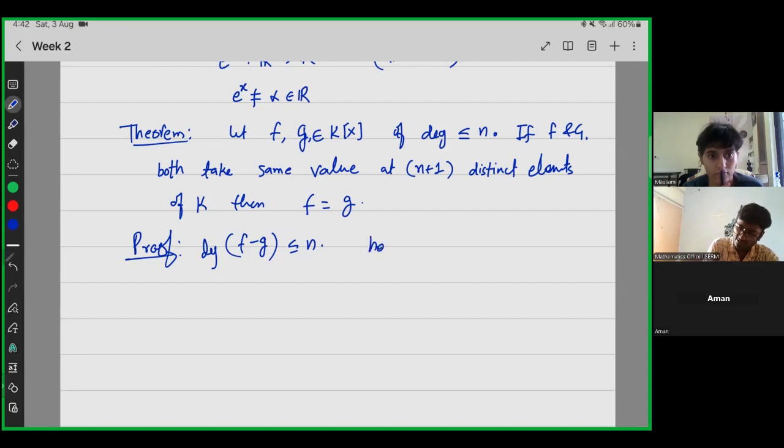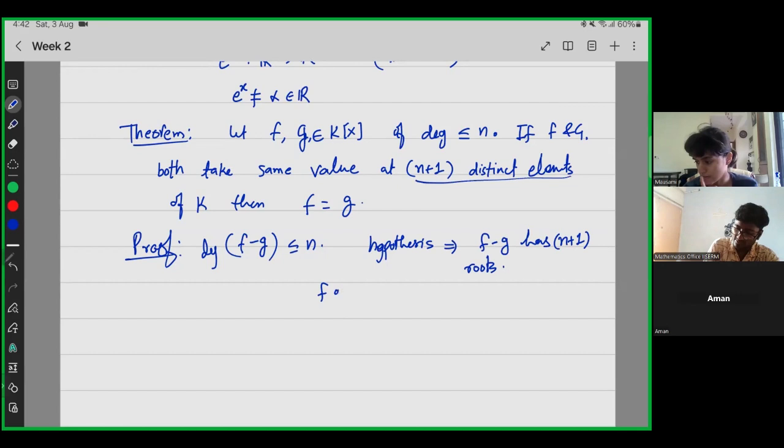The hypothesis says that f minus g has n plus 1 roots, because at these n plus 1 distinct points, f(a_i) is equal to g(a_i) for every i from 1 to n plus 1.